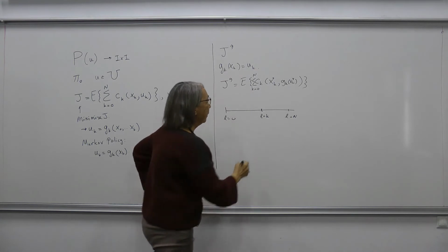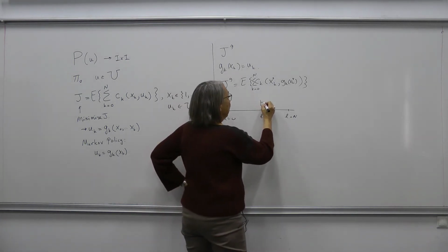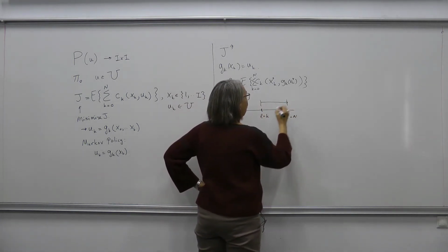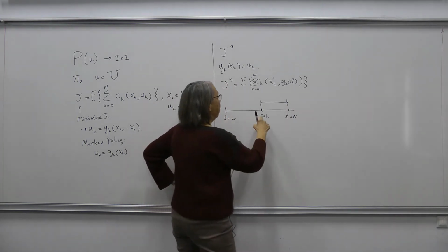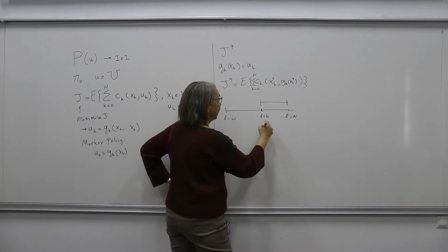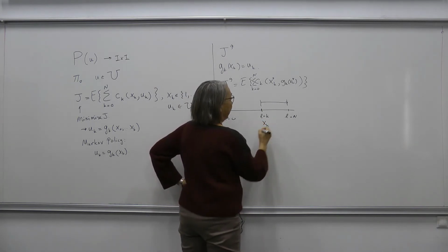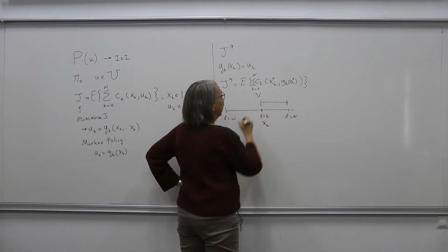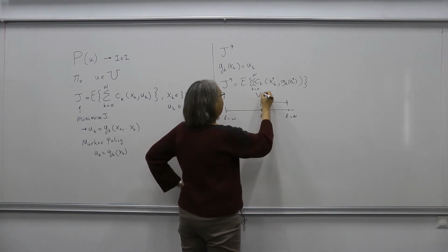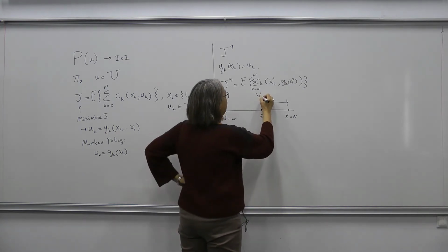Okay? And the cost to go is the total cost obtained on that time interval, and it depends on the state at this time, in other words, xk. So we just write cost to go by using the letter V, and let us write it as Vk.